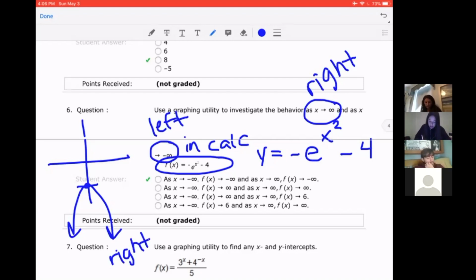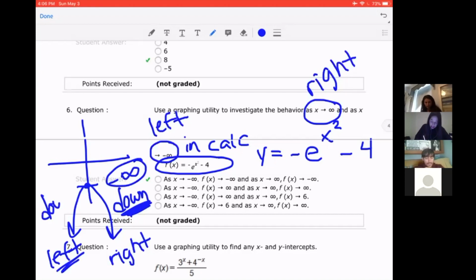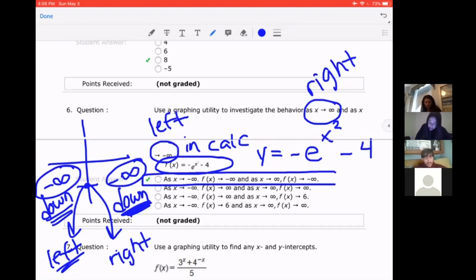The graph is going down. And so how do we represent down? With negative infinity. Over here on the left, what is the graph doing? Again, it's going down. And how do we represent down? With negative infinity. So that's why this here is our answer, because we're saying as x goes to the left, the graph is going down.